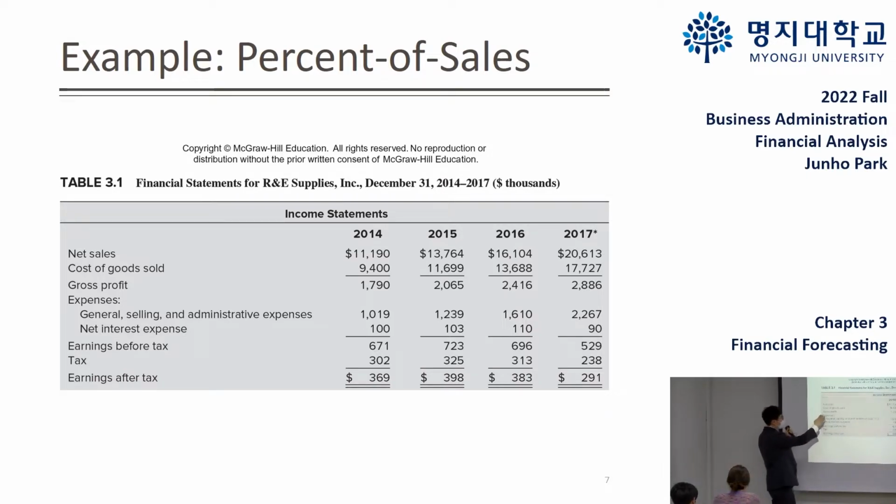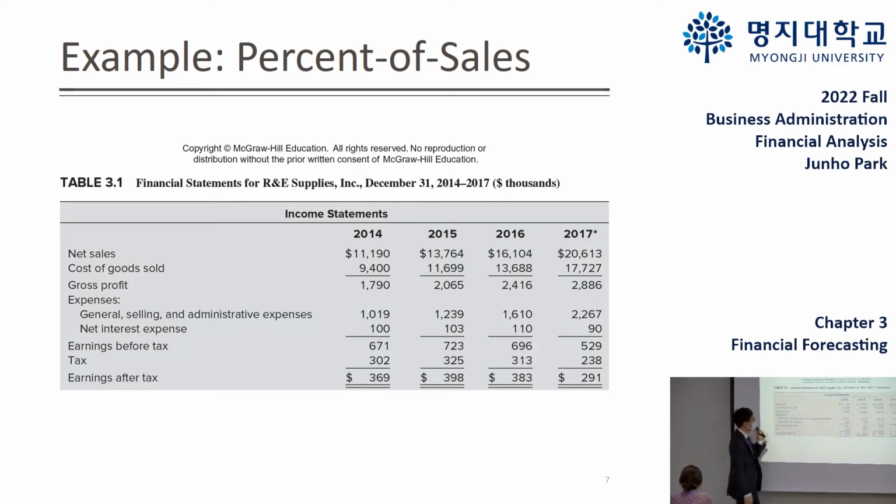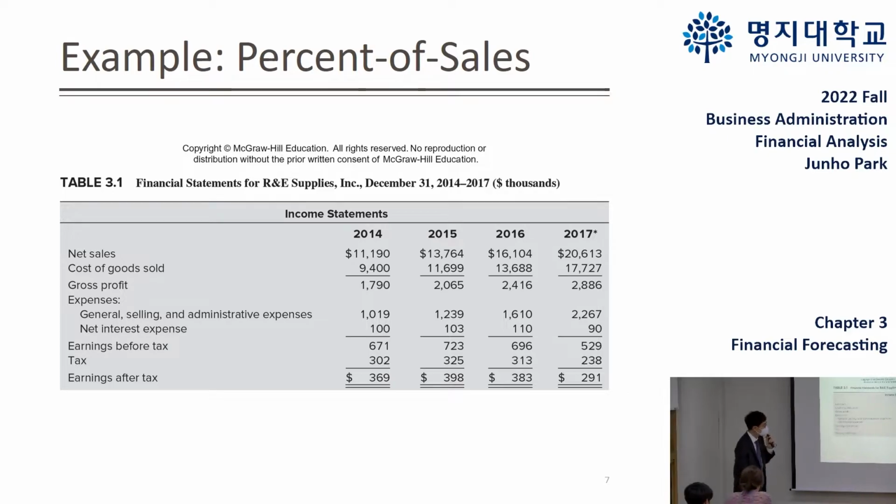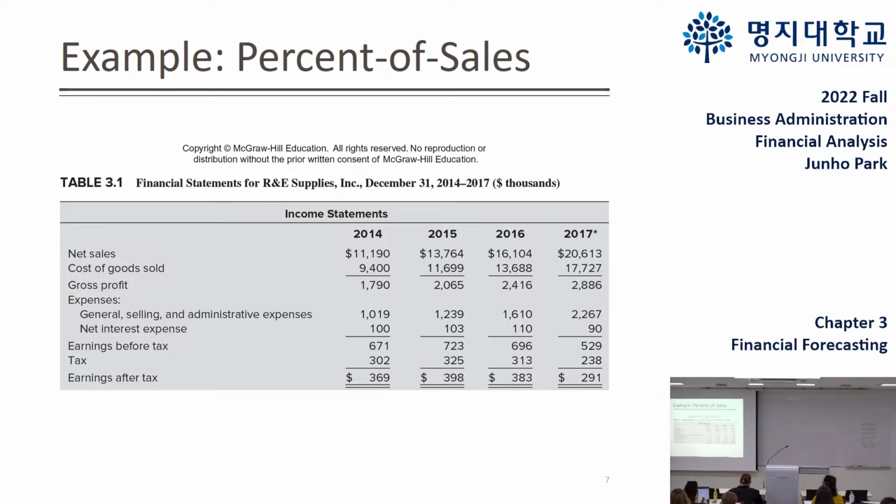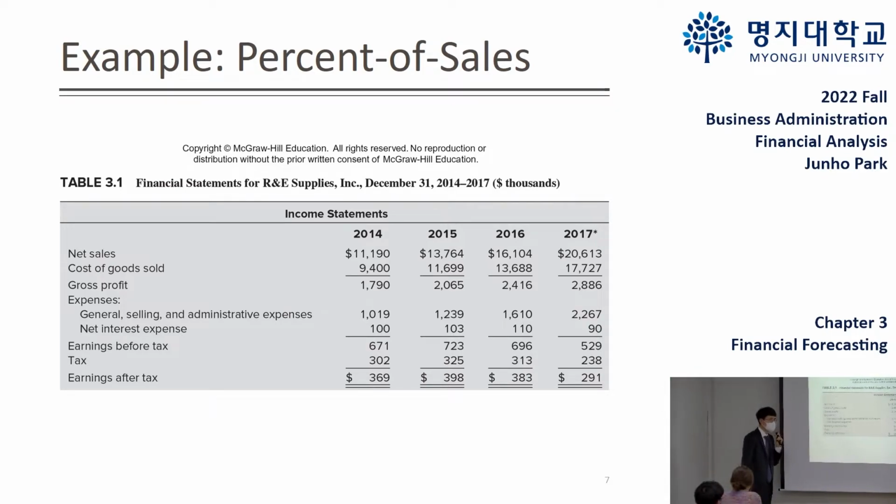So first, think about the cost of goods sold. So if you sell products more, then you have to produce them more. So there will be a higher cost of goods sold. So therefore, we can guess that there will be a linear relationship between sales and the cost of goods sold.